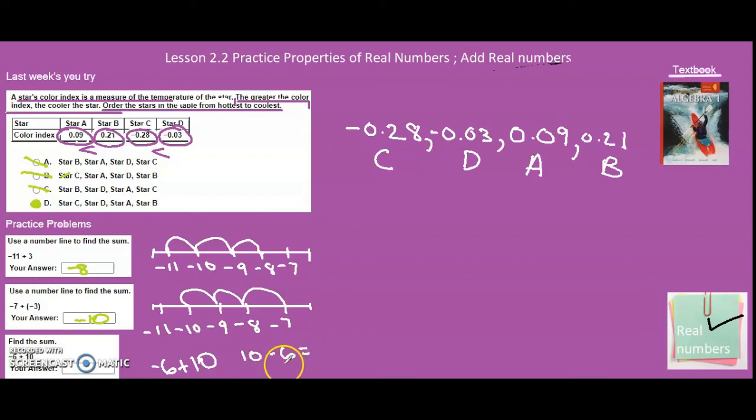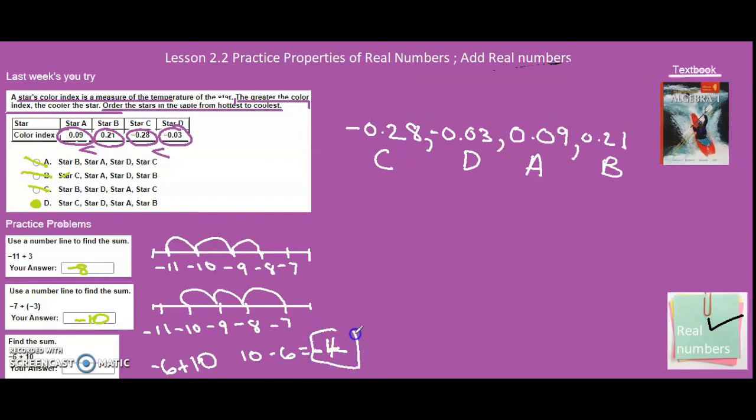Why is the negative sign not on the 10? Because the negative sign goes to the number that's less than the other number. So 10 minus 6 is 4, and the answer here is negative 4.